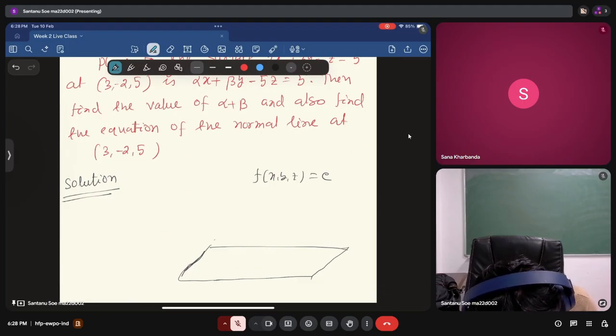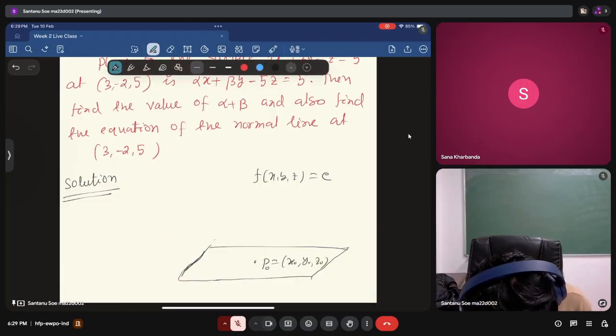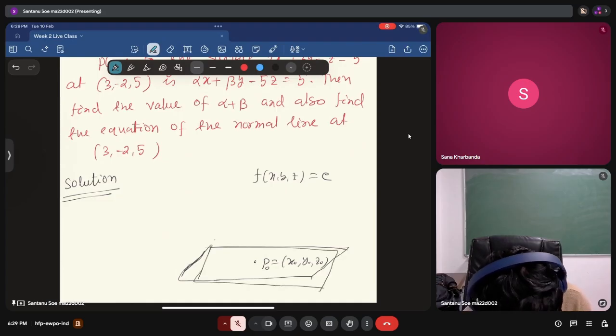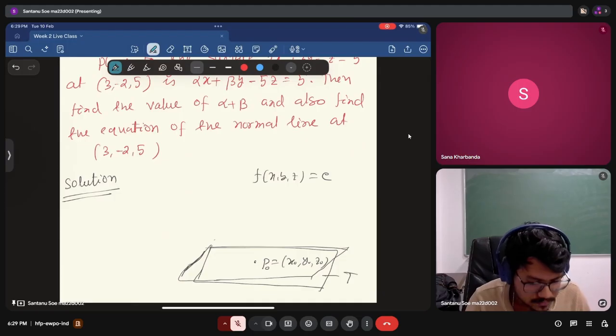Let us take a point P0 here, like x0, y0, and z0. And we have to find out the equation of a tangent plane, this one. So this is the tangent plane T.